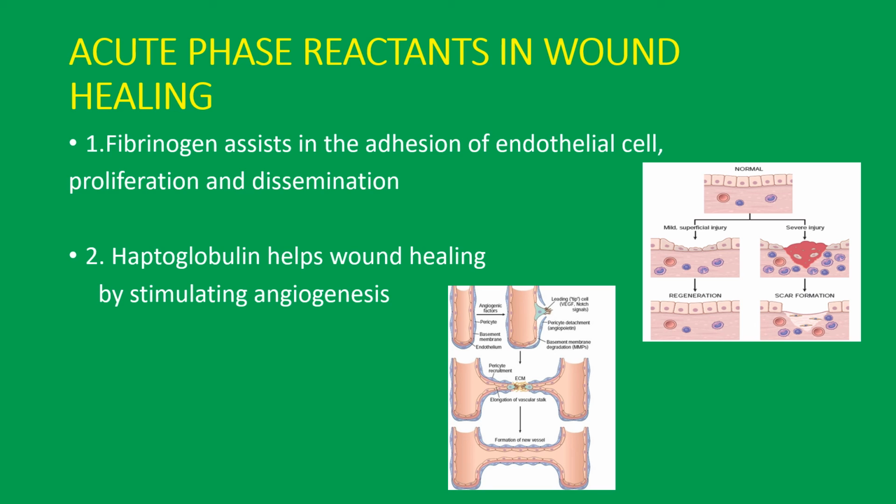There are also acute phase reactants involved in wound healing. Your fibrinogen, for instance, assists in the adhesion of endothelial cells, as well as their proliferation and dissemination. Your haptoglobin helps wound healing by stimulating angiogenesis.